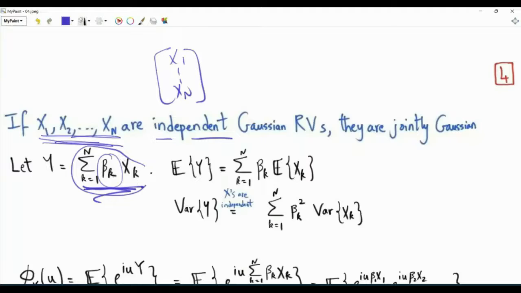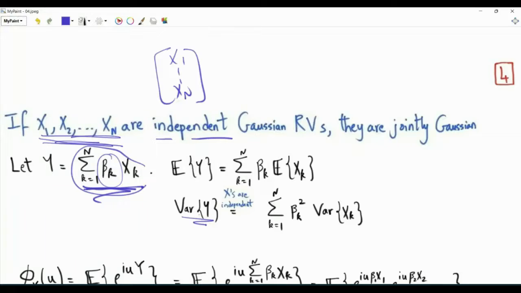Let's prepare ourselves by computing the first moment. Apply expectation, by linearity of expectation, this will be summation k from 1 to big N of beta k times expected xk, which we called eta k.